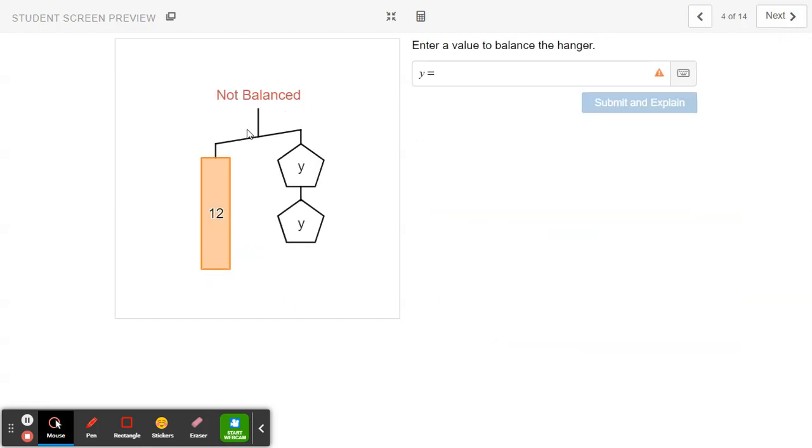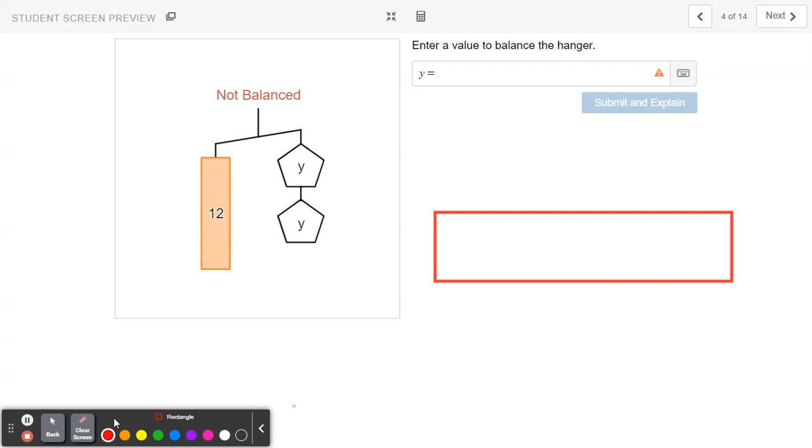Again, this is unbalanced. We have 12 over here, and then we have 2 y's here. So what can we put in for y to make it equal to 12, right? Well, if 12 is equal to 2 y's, again, I'm going to show you the bar model version just so you can make some connections here.